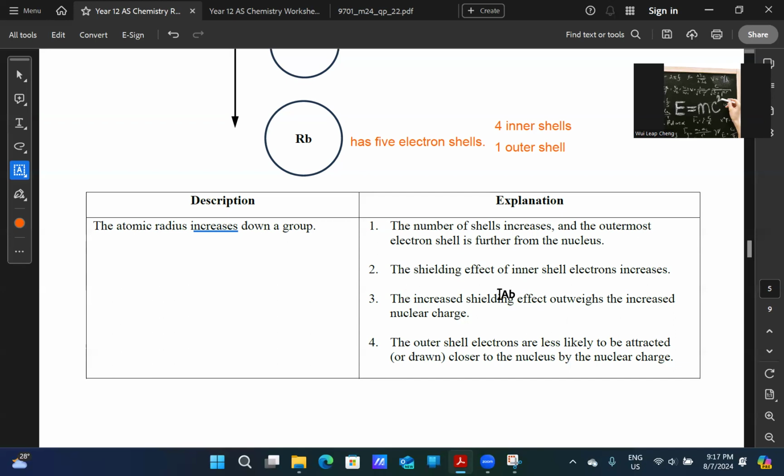The inner shell electrons repel the outer shell electrons away from the nucleus. So the distance between the outer shell electron and the nucleus will be much further away. So even though the nuclear charge increases, it is less likely to attract them toward the nucleus. That's why the atomic radius increases when going down the group.